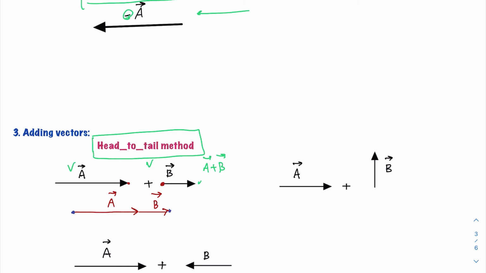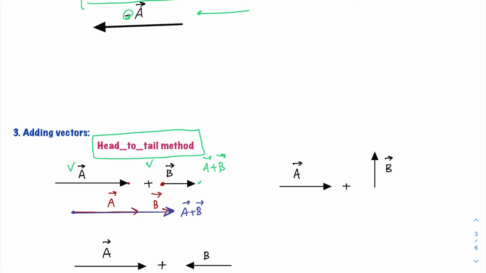Then we just draw a vector from the tail that we have got to the head, and this will be our resultant vector, or vector A plus B. This will be our resultant vector.